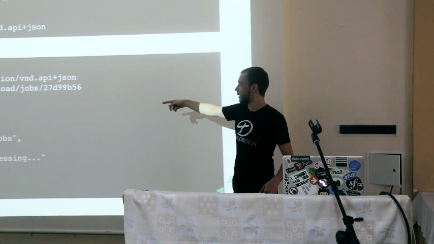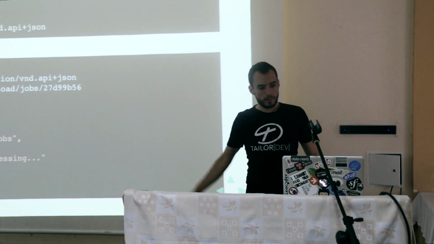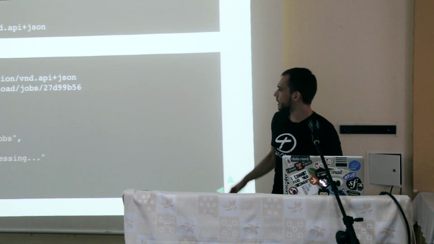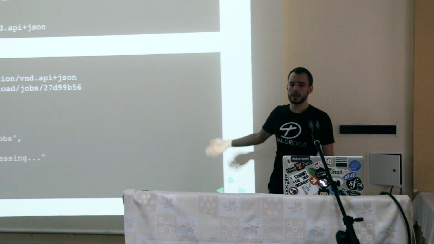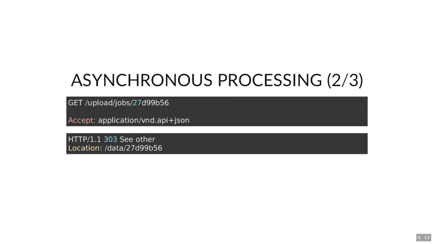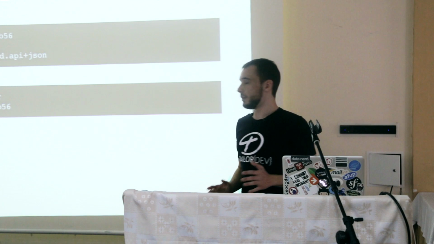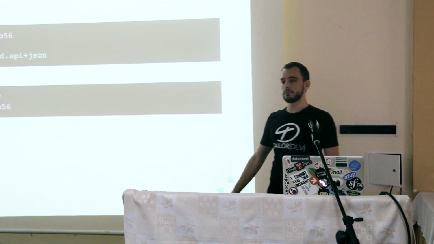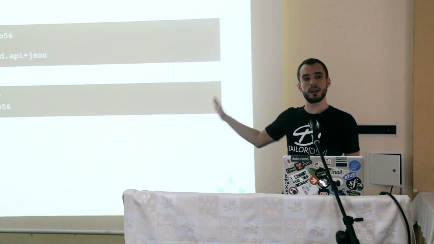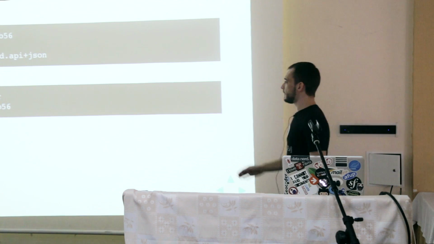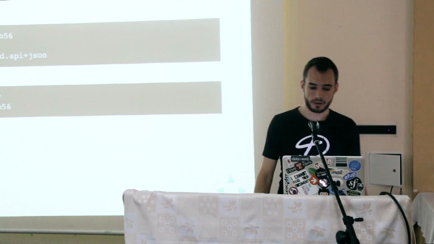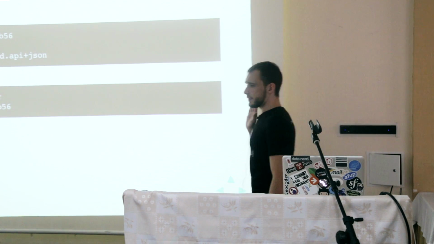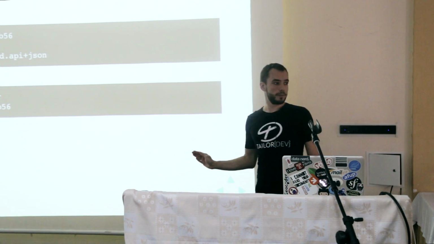So then you can create the upload jobs and so on. You get this payload, and at some point it will be complete, the task has been done, and you get a 303 response saying, okay, the API has been built, now go to this location and enjoy. You get your data at this location, okay?